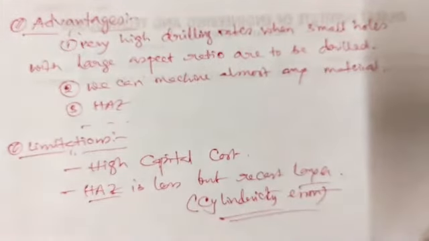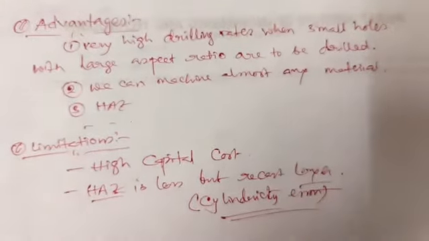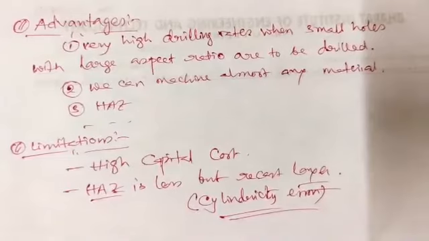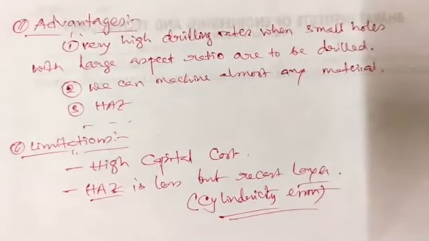You might have already studied what cylindricity error is, and what circularity is, etc. So cylindricity error I was talking about. This is a problem you may face in the case of this EBM process. This is all about EBM.